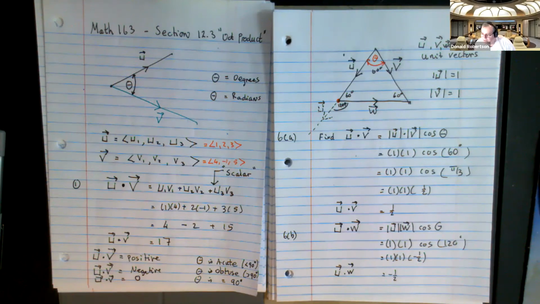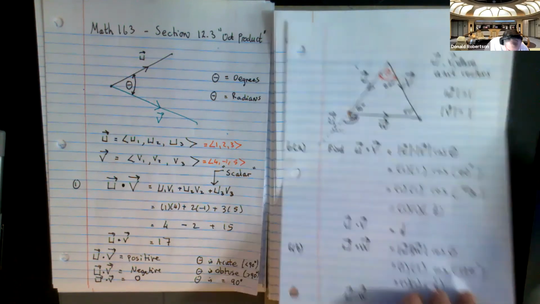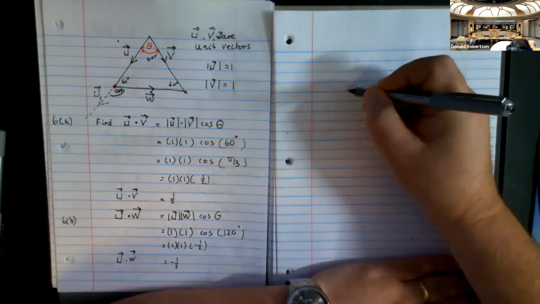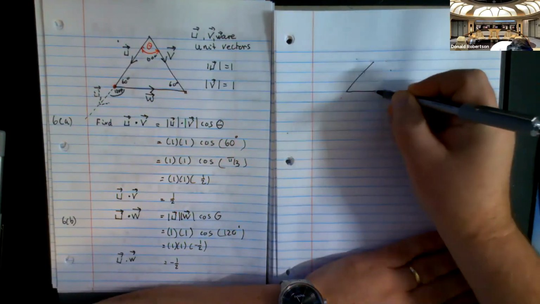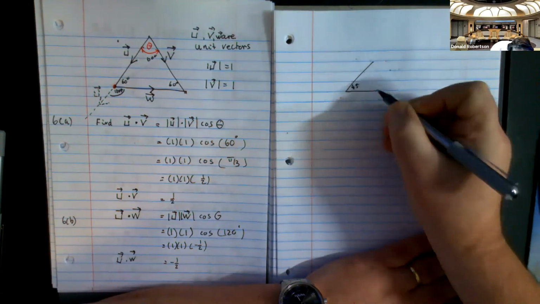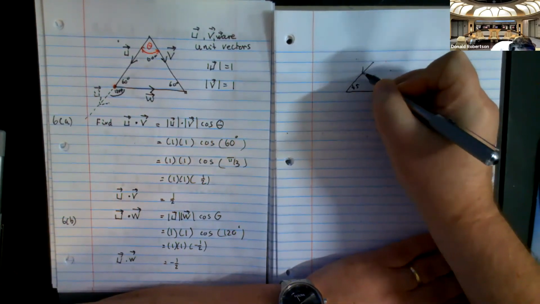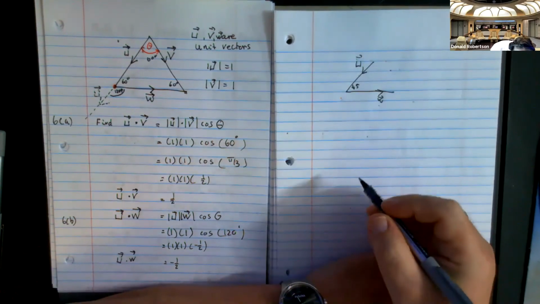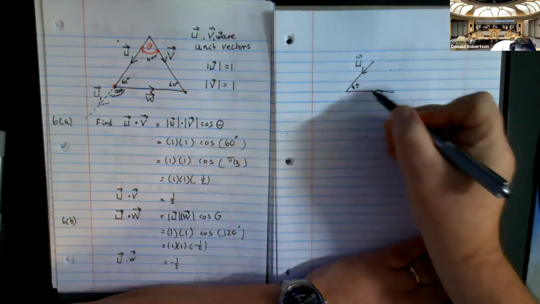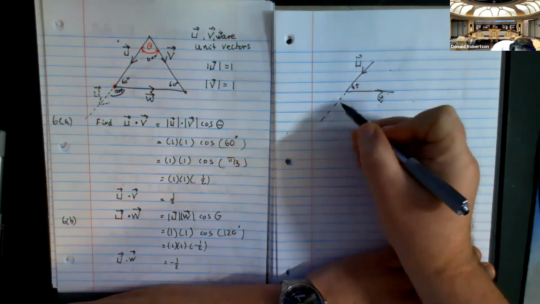That makes sense? Right. Totally different question, different triangle. But can you imagine that there was a triangle where this guy here was 45 degrees, right? This is W going this way, and this is U going this way. If I wanted to do U and W, wouldn't I have to use this angle?